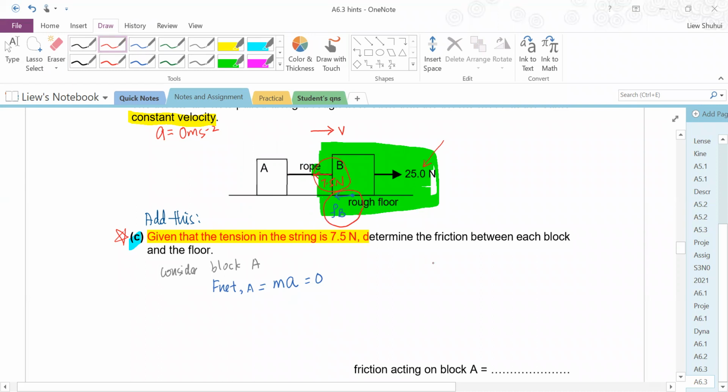So considering block B, applying F net on B equals m times 0 as well, what you should get is 25 minus 7.5 minus FB equals 0. From there, calculate what is the friction acting on block B.